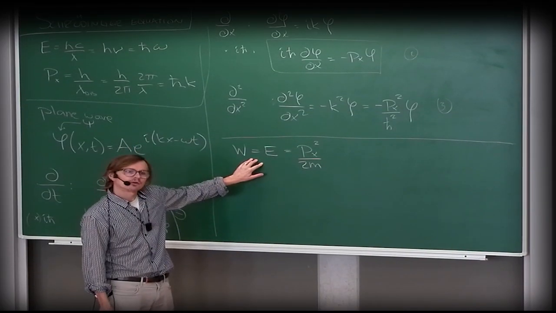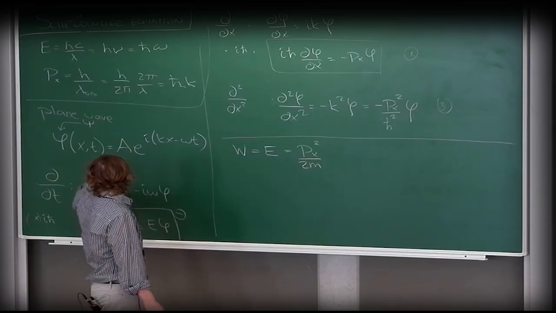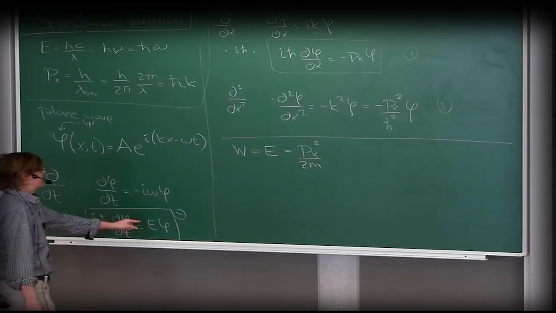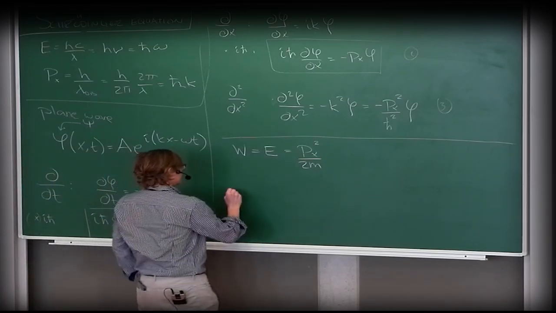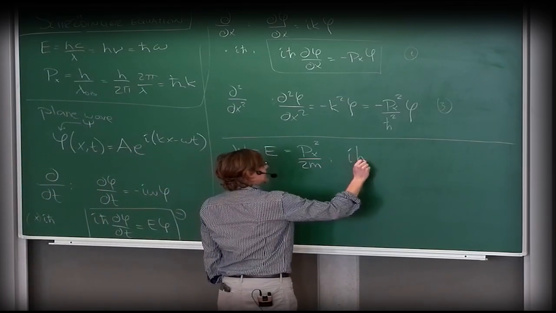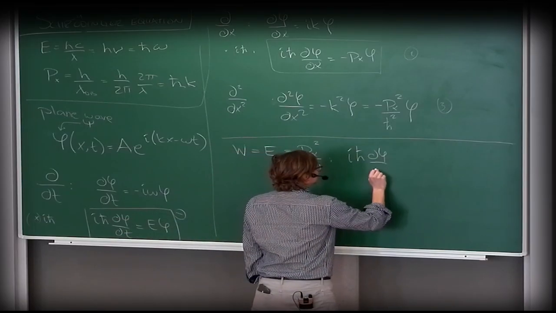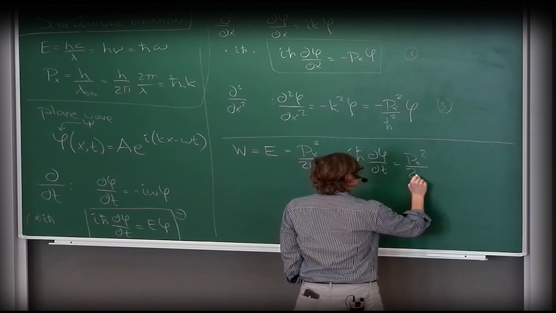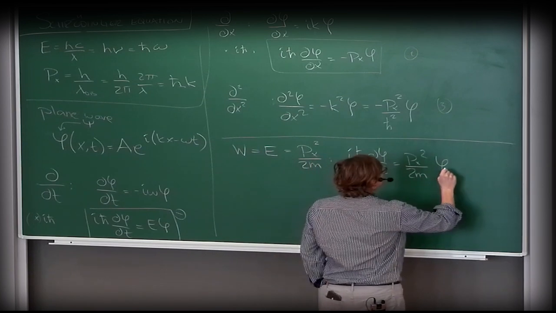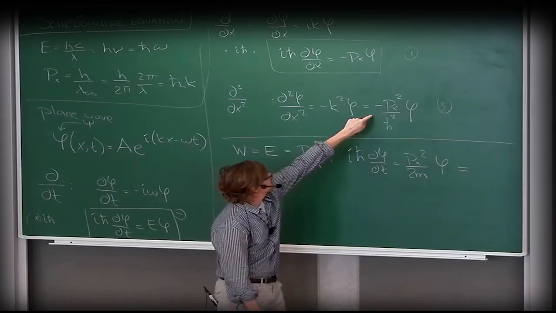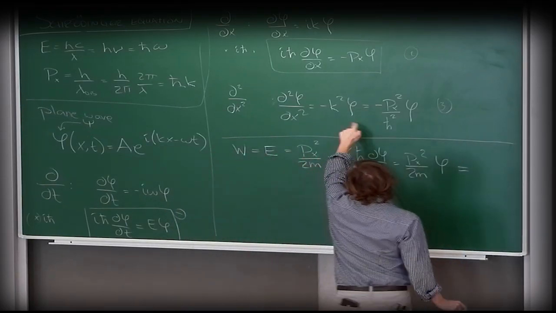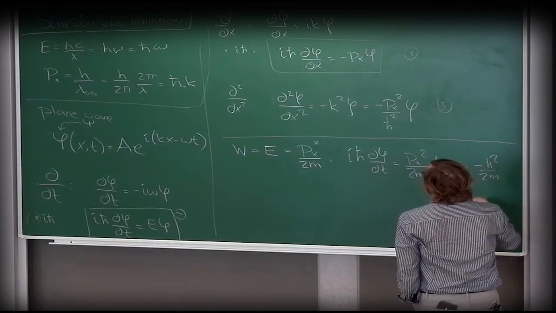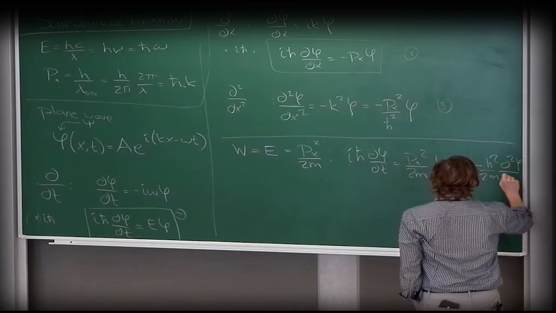But using this now for the free particle, we see that we can combine these two. Number 1 we had over there, and number 3 we had over there, right? Because we have the energy, we can write it in terms of the momentum, so we get this. i h bar d phi dt equals, instead of E now, px squared divided by 2m phi. However, for that we can use this one, so we see that we can write this as minus h bar squared over 2m d2 phi dx squared.